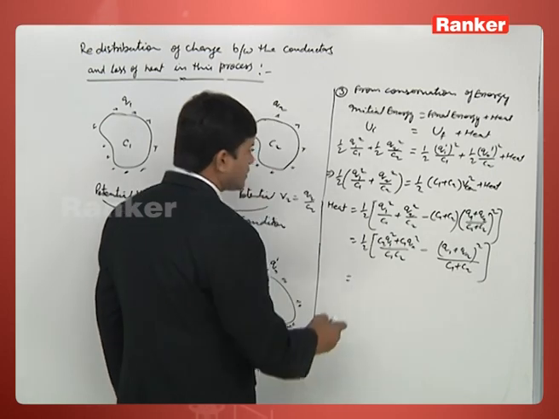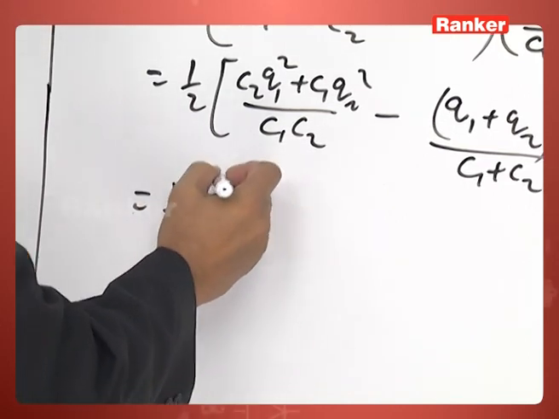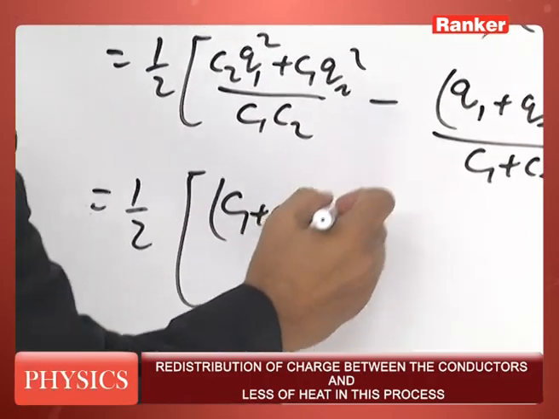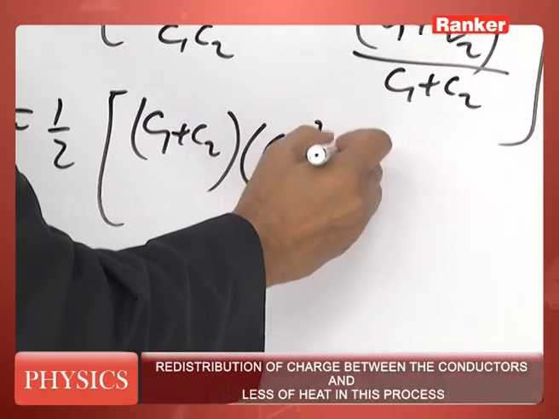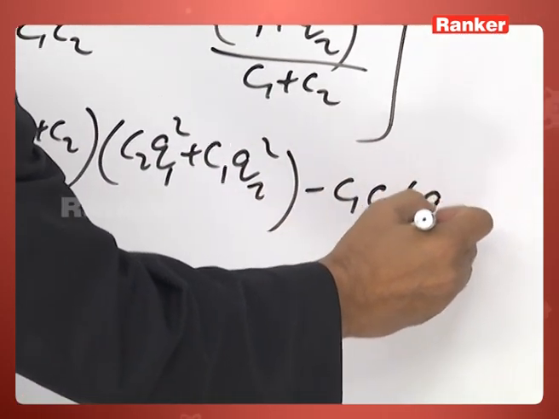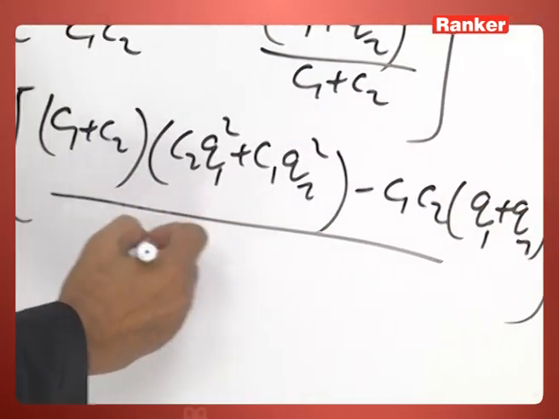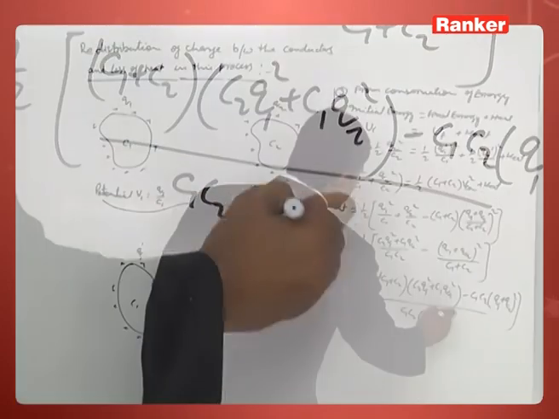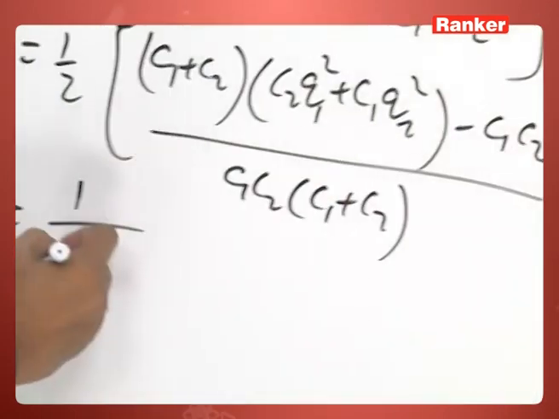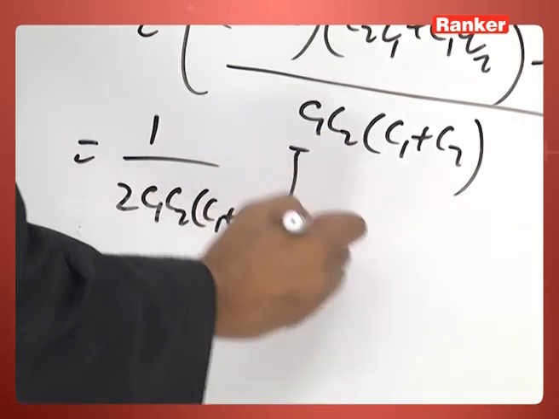This is equal to half of C1 plus C2 into C2 Q1 square plus C1 Q2 square minus C1 C2 Q1 plus Q2 whole square, by C1 C2 into C1 plus C2. Now check it.